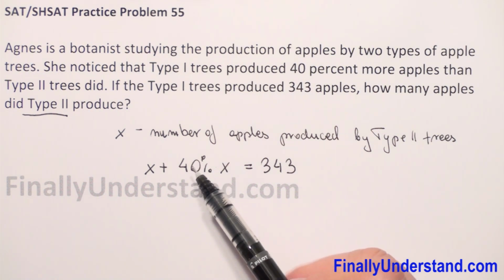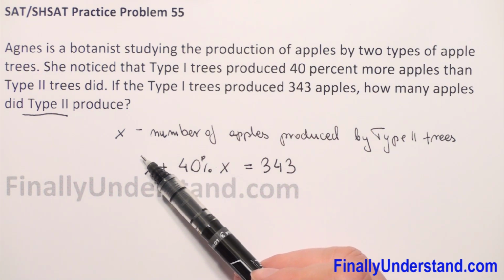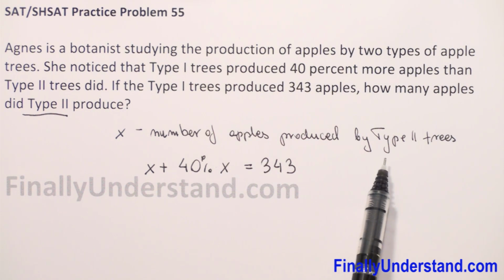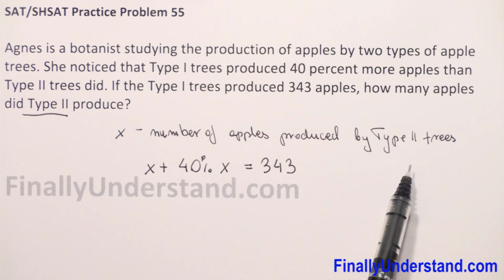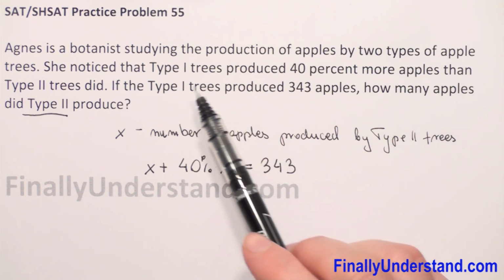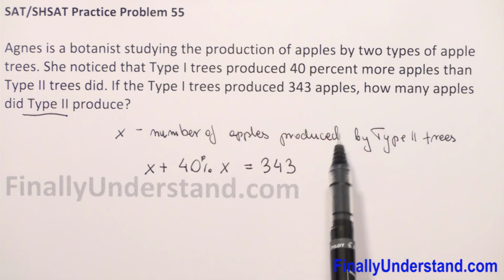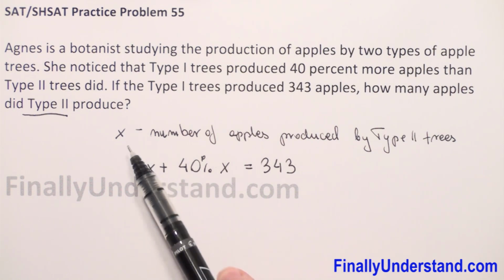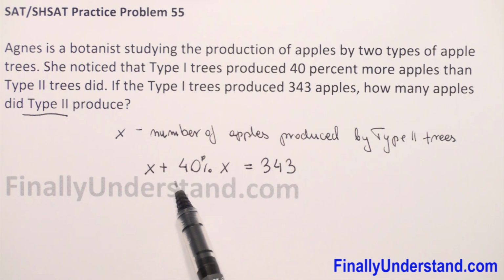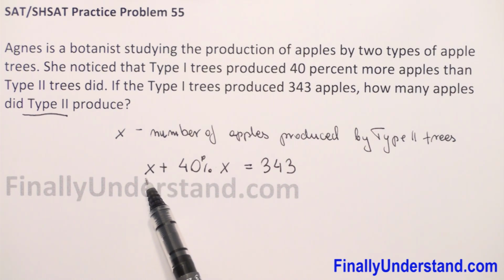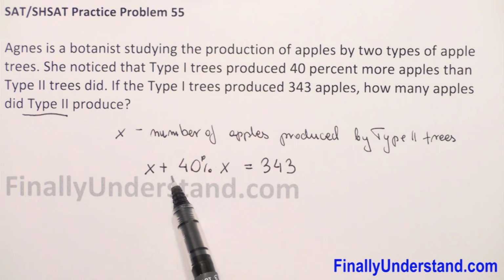Let me repeat. We wrote that X is the number of apples produced by type 2 trees. And we are given that type 1 trees produce 40% more apples. So if type 2 is X, we have to add 40% of X to type 2, and we have how many apples type 1 produces.